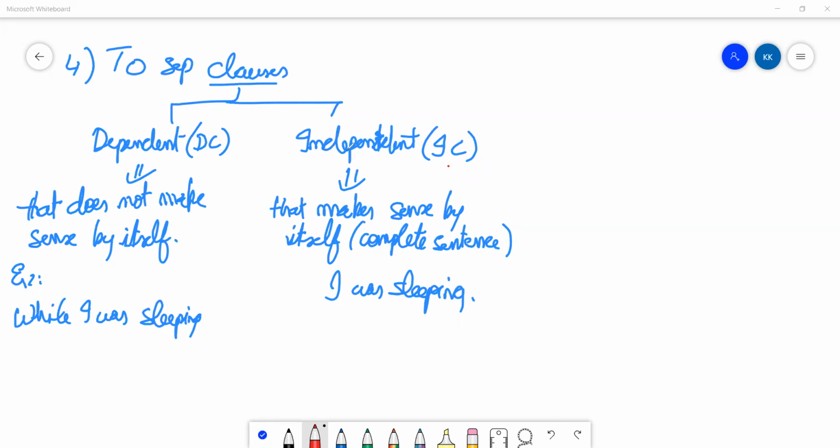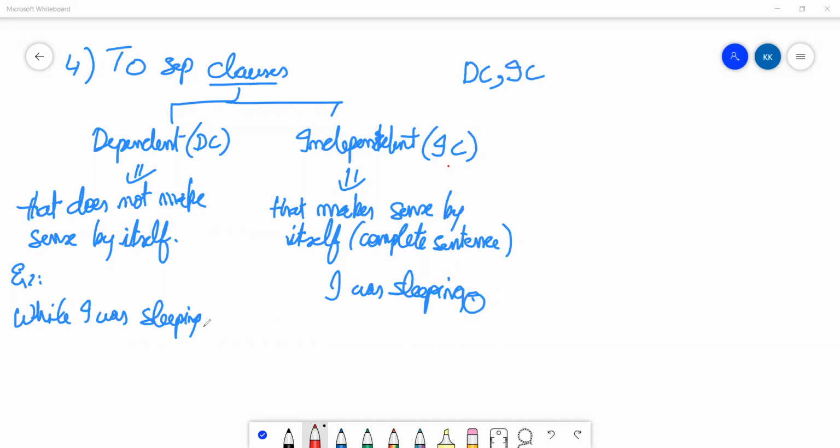So now always remember, a period is compulsory after every independent clause, na? In the same way, a comma is compulsory after every dependent clause. Okay, so the normal structure of a sentence when a dependent clause is involved is DC, comma, IC.